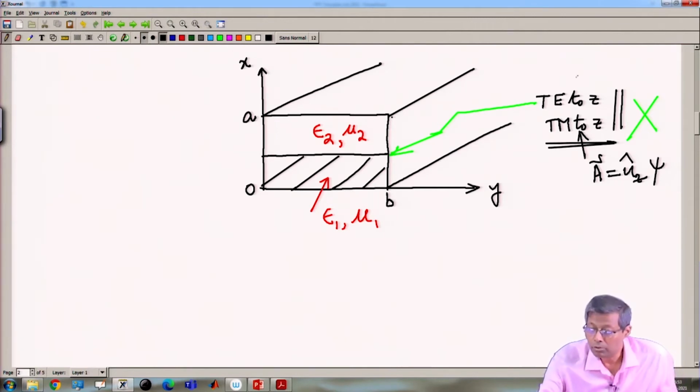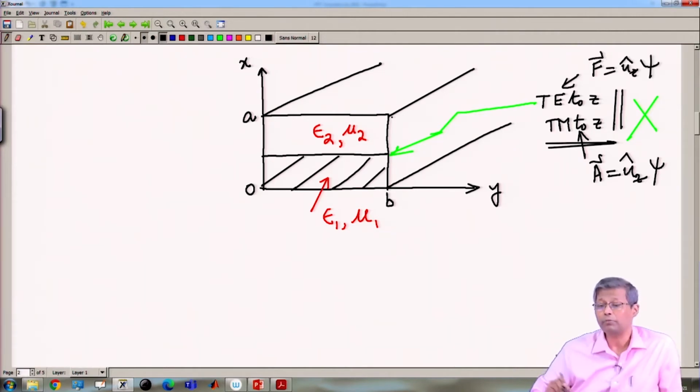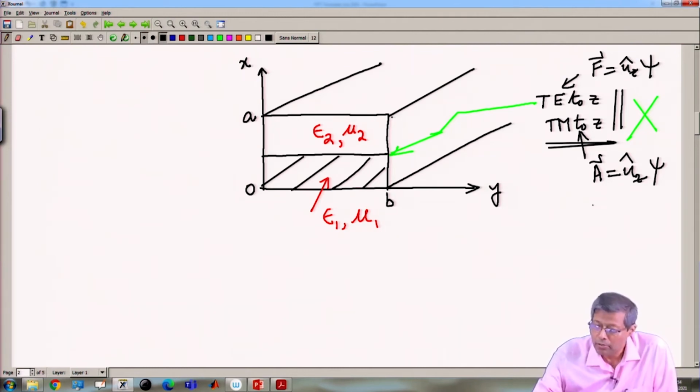And when we chose F equal to u z psi, we discovered that the fields were of the TEz form. But one can also choose, as we said at that time, A equal to u x psi or A equal to u y psi.